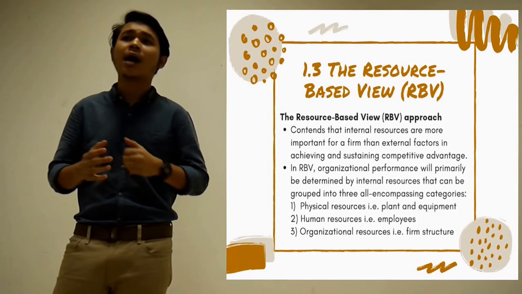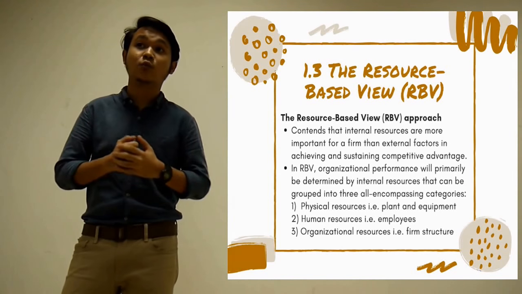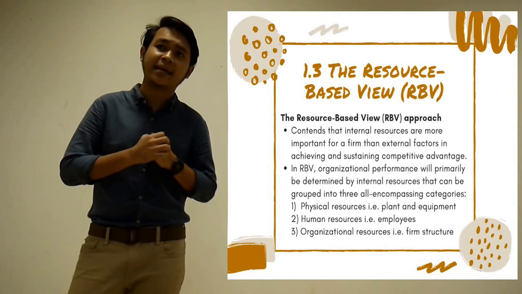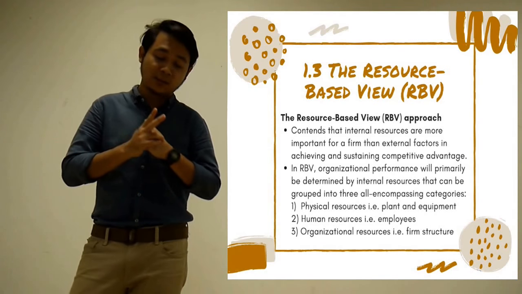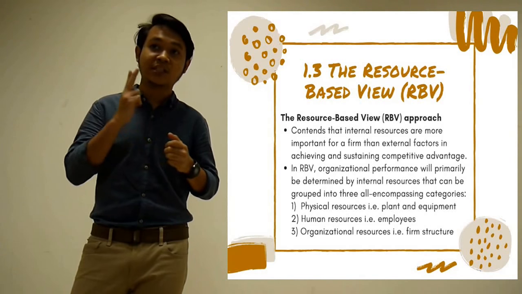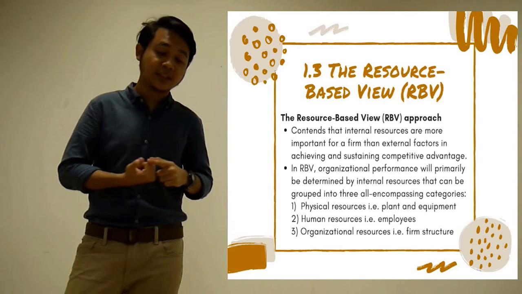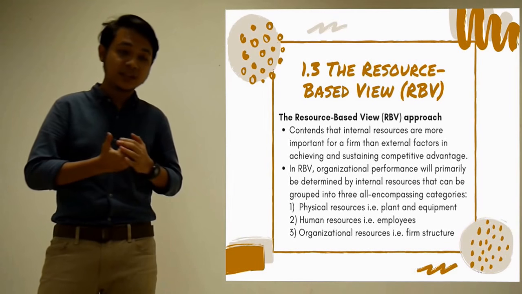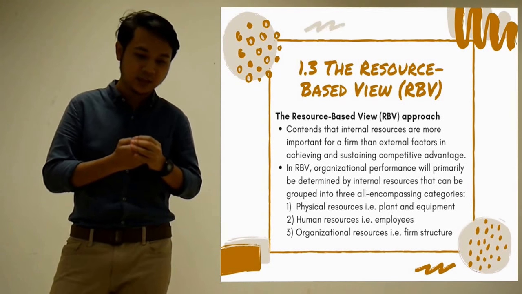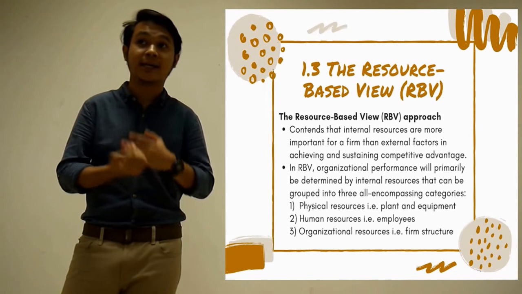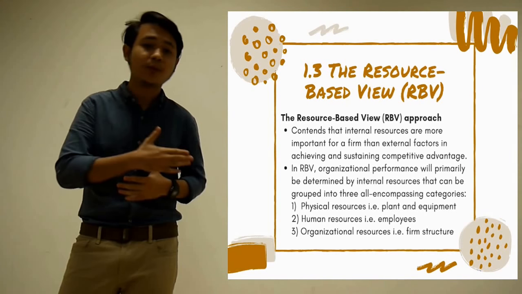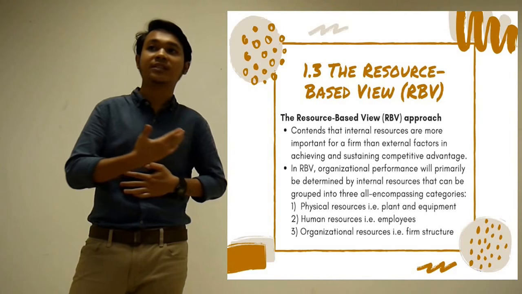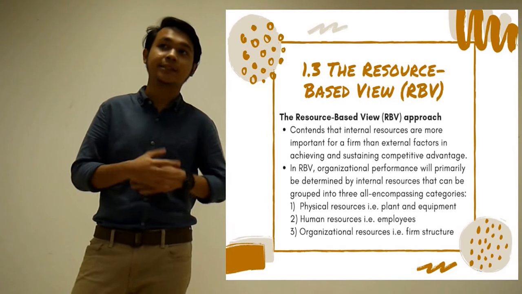In RBV, organizational performance will primarily be determined by internal resources that can be grouped into three all-encompassing categories, which are physical resources, human resources, and organizational resources. An example of physical resources is plant, machinery and equipment, an example of human resources is employees and staff, and organizational resources is the firm's structure.